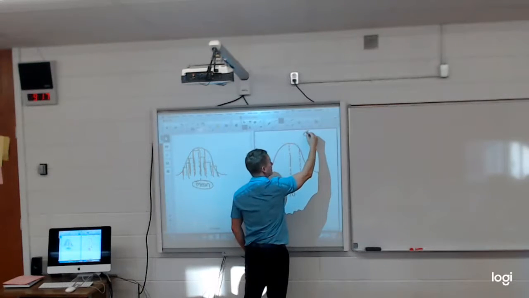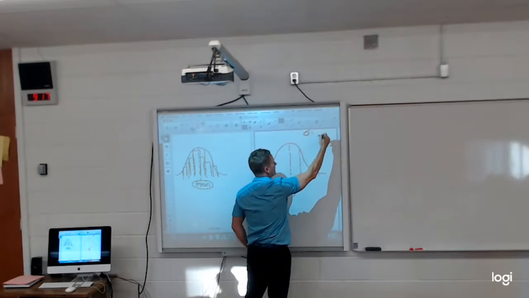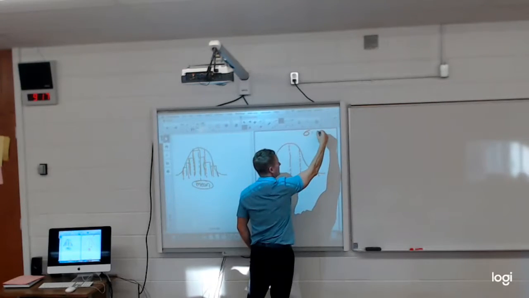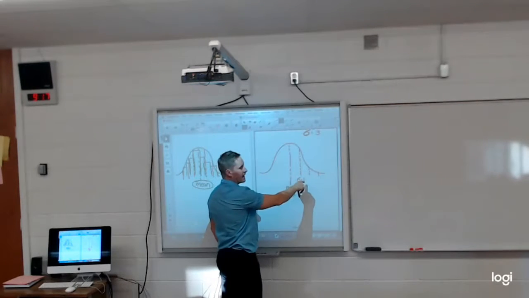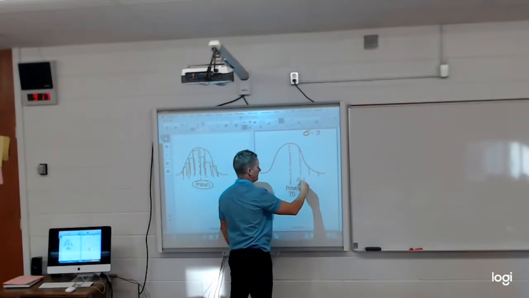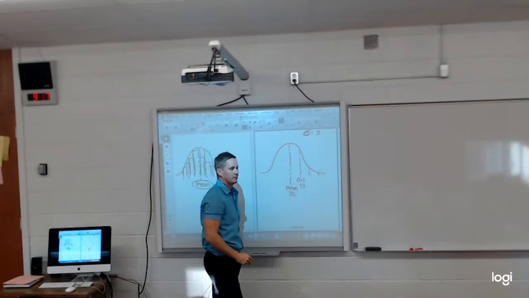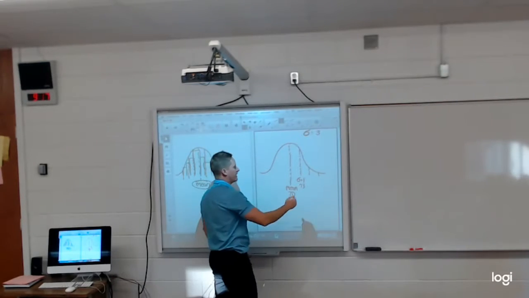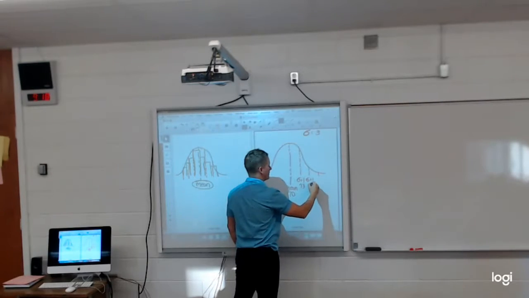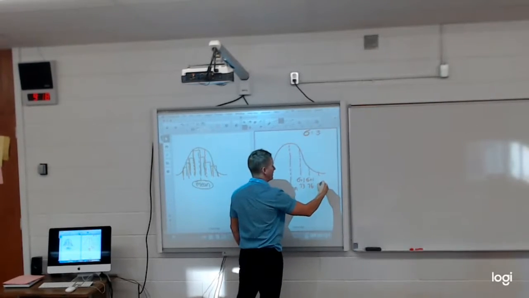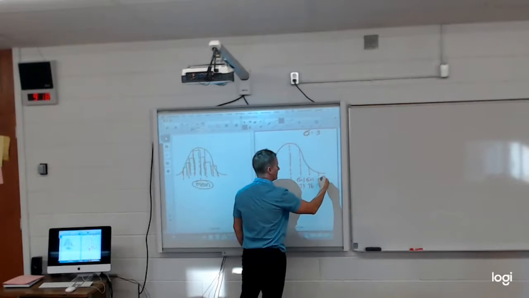We took the test scores of this class and we calculated our standard deviation, and let's say that our standard deviation was 3%. That means that 1 standard deviation above is 73%. 2 standard deviations above, 76%, and 3 standard deviations above is 79%.